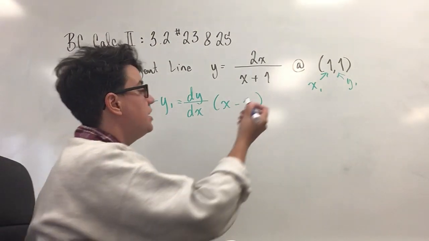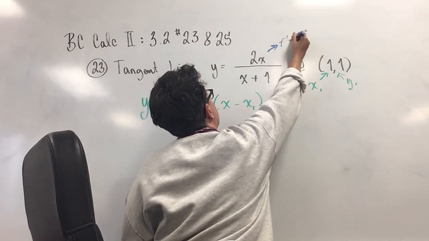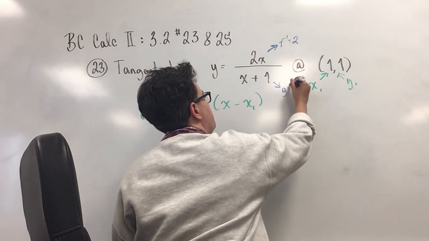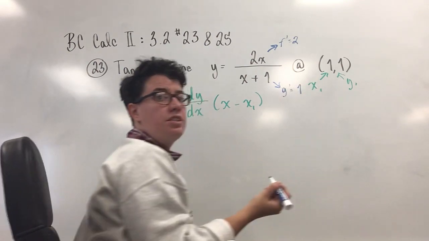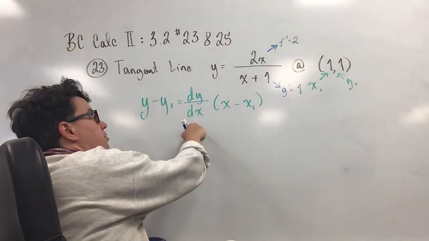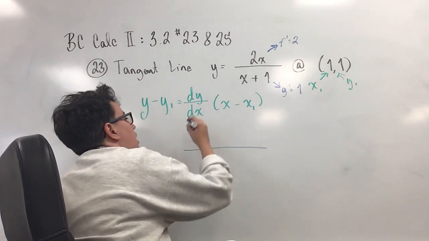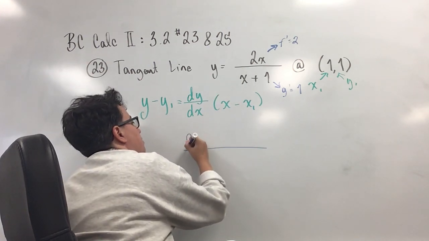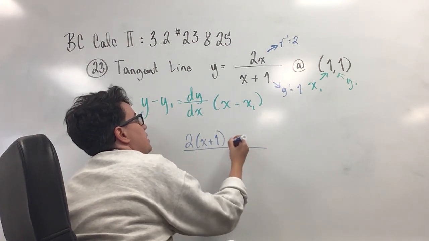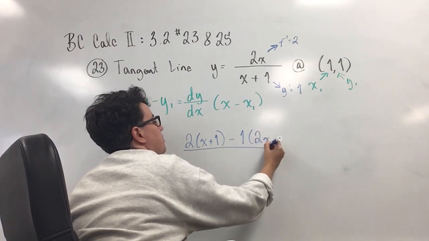So the quotient rule here is this is our f of x, and so then f prime would be 2. This is our g, so g prime is 1, because these are just simple polynomials. And so then our derivative here would be f prime times g minus g prime times f.